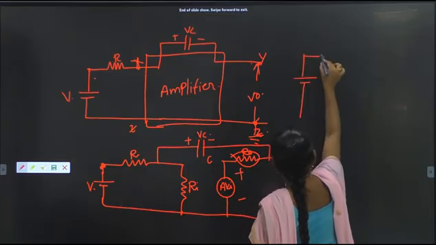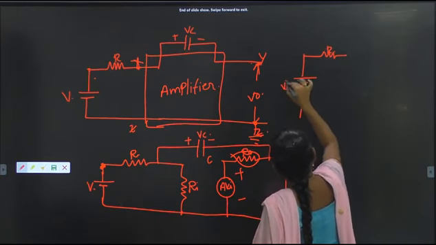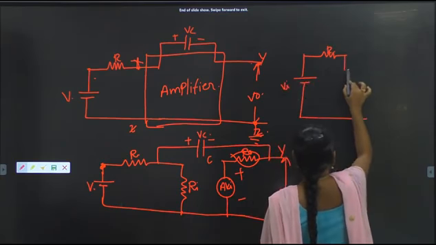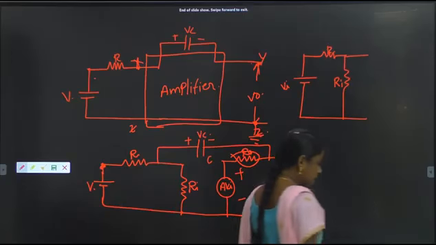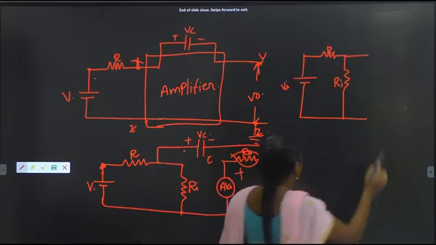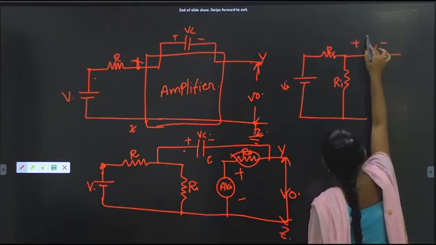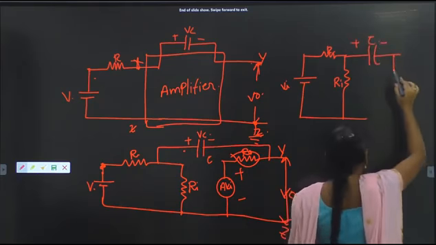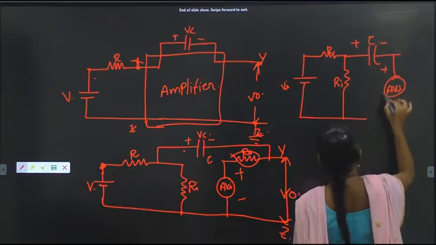Just I am short circuiting this, Vi. After that, there is a capacitor in between these two, so I am connecting a capacitor here, plus and minus, that is a capacitor C. After that, it is connected to the AVi, positive and negative.